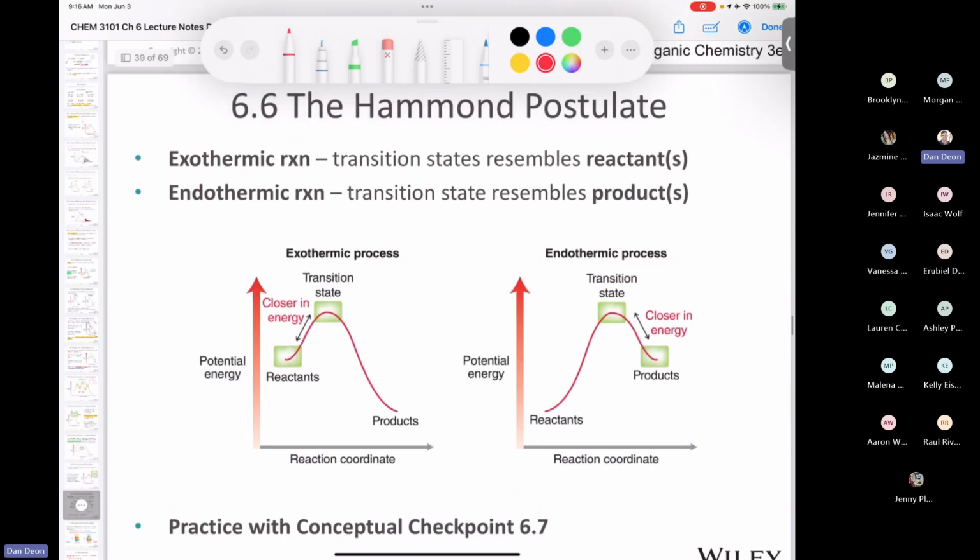So if you have an exothermic process, your transition state is going to look more like the reactants because it's closer in energy. And if you have an endothermic reaction, you see the transition state is closer in energy to the products. So when you study the transition state, it's going to more closely resemble the products. That's all it means. There's nothing more than that.